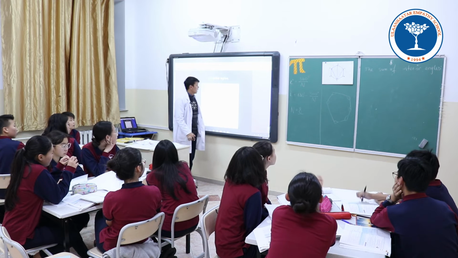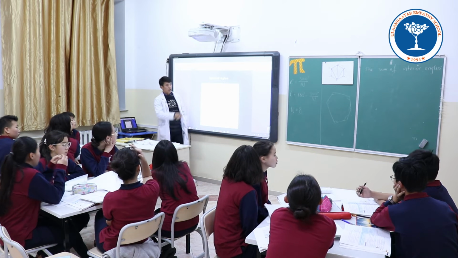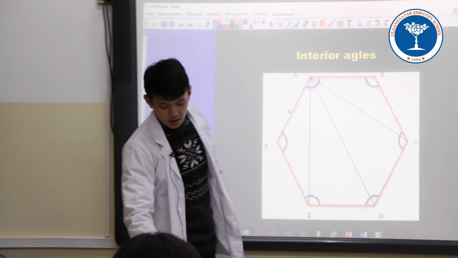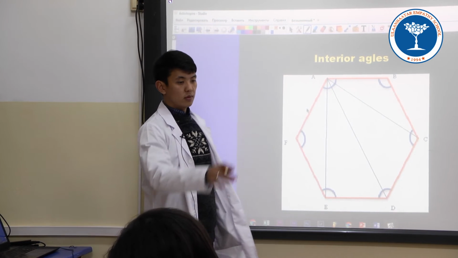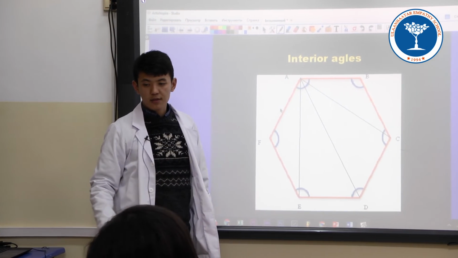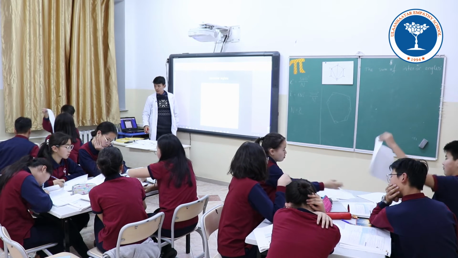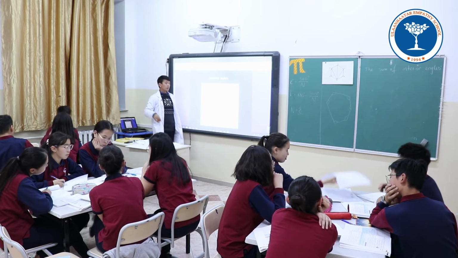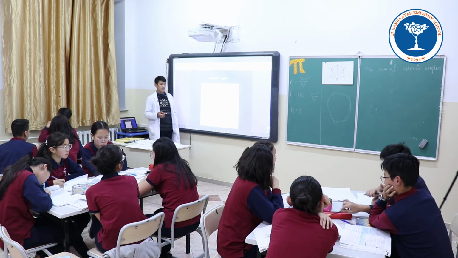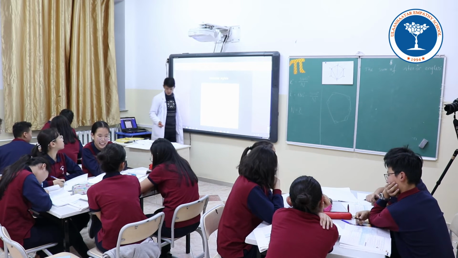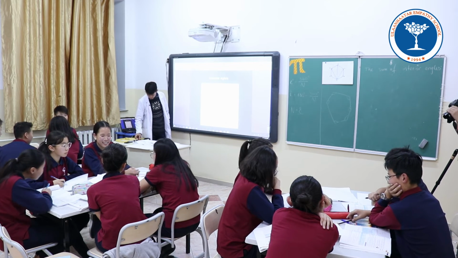Understand? It's shown in the picture, and look at cheat sheet number 3. Okay, everybody, every table has cheat sheet number 3. So, the polygon is divided into what? Triangles, yes? They have gone from one point.